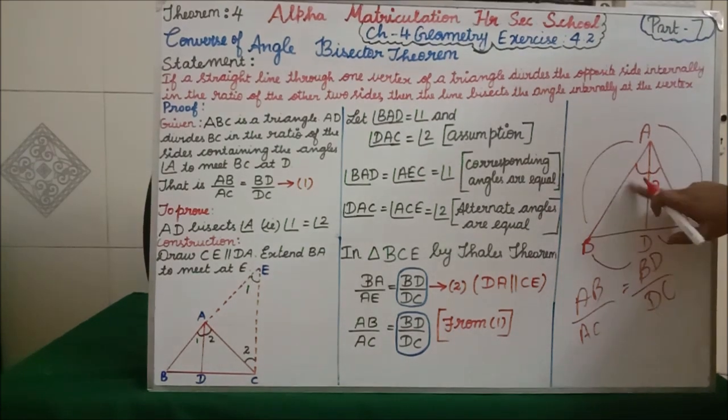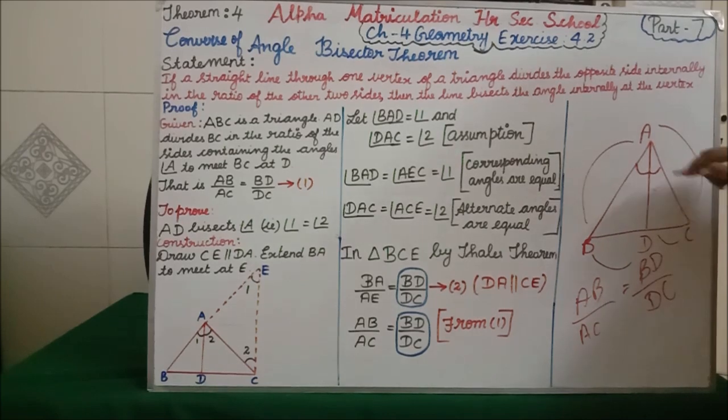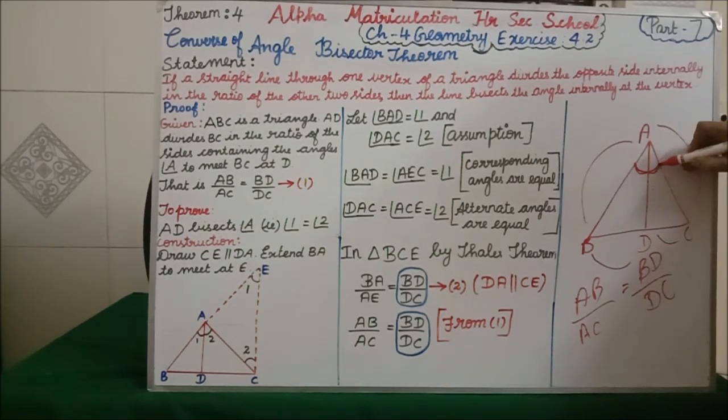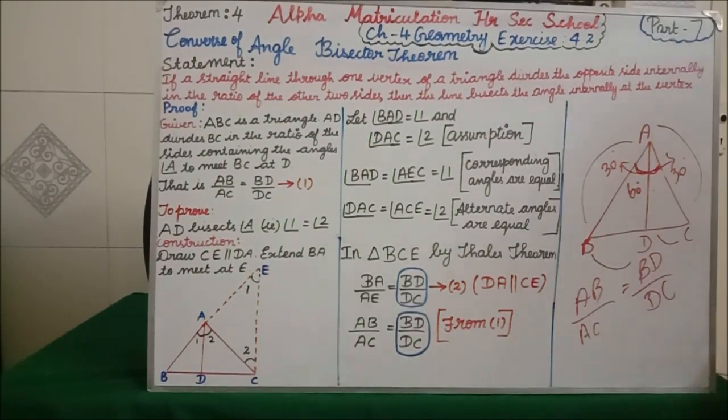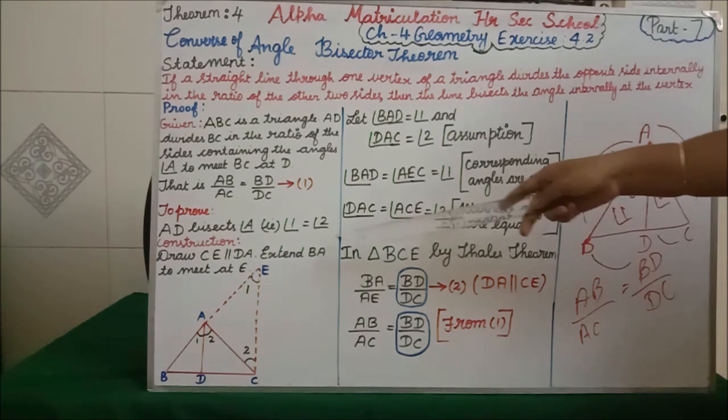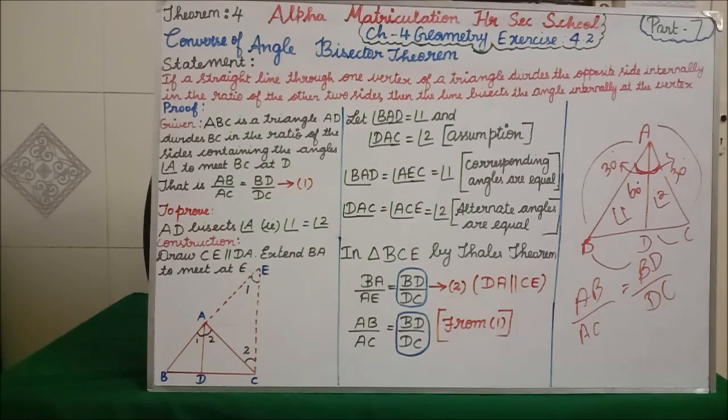Suppose the full angle A is 60 degrees; when the bisector divides it, this side will be 30 degrees and this side will be 30 degrees. So bisector means it divides into equal parts. That is what we are going to prove. This side we take as angle 1 and this side as angle 2, and we are going to prove that angle 1 is equal to angle 2. Clear?